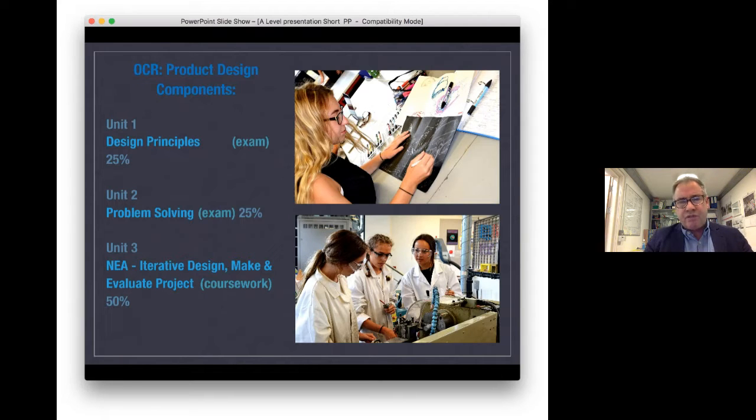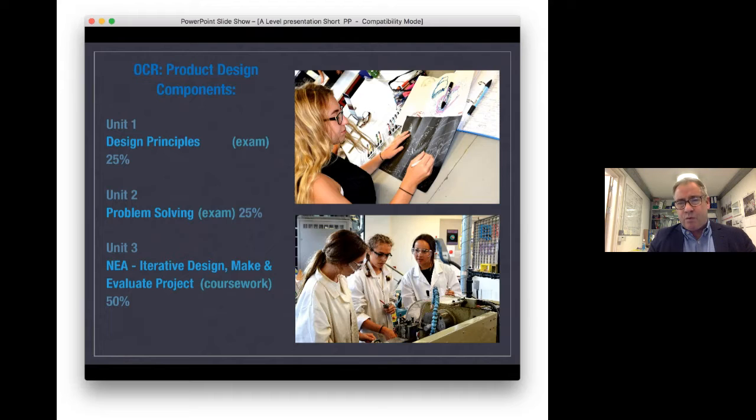So you can choose a theme of your interest, whether it be Durrell or marine conservation, or a certain sport that you're interested in, or scientific area. You can choose whatever theme you like to find that context, and then go and see stakeholders and identify your design briefs from there.